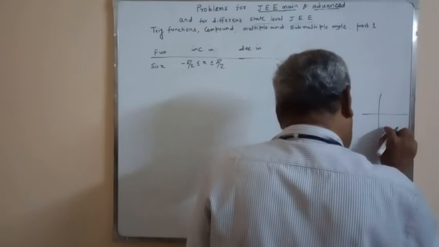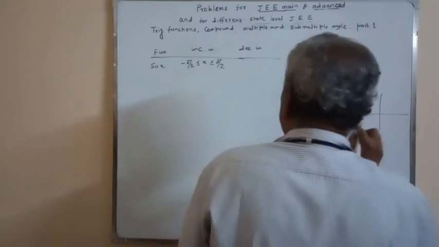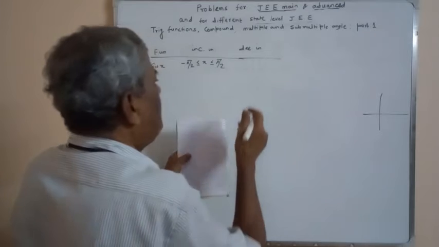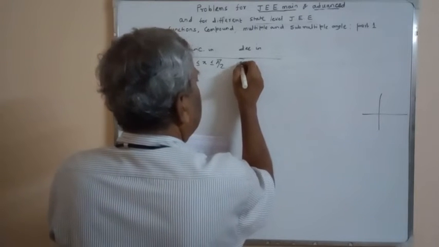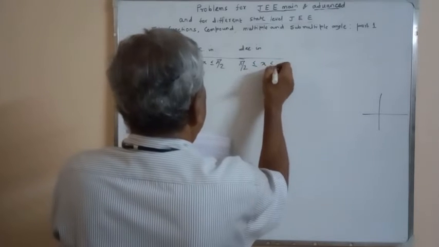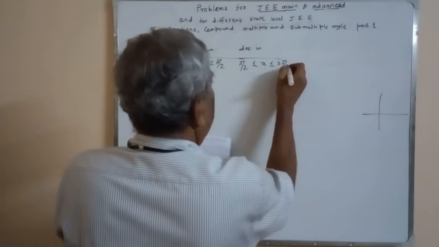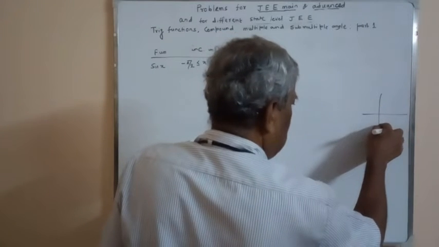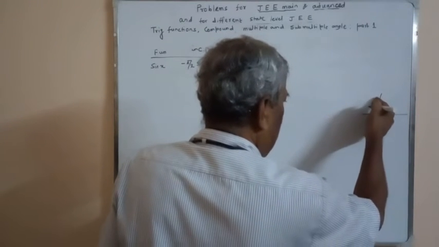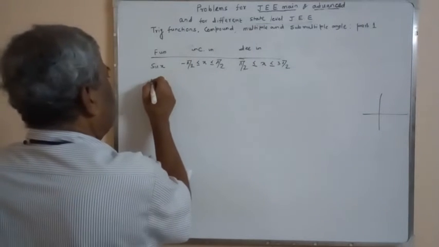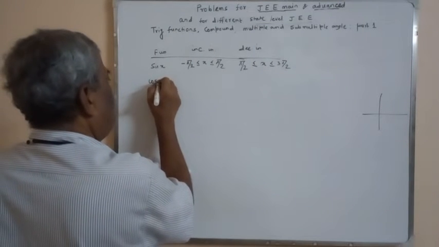From this fourth quadrant to first quadrant, sin x is increasing, while pi by 2 less than or equal to x less than or equal to 3 pi by 2, it is decreasing. That is, from this to that it is increasing, and from this to that it is decreasing.